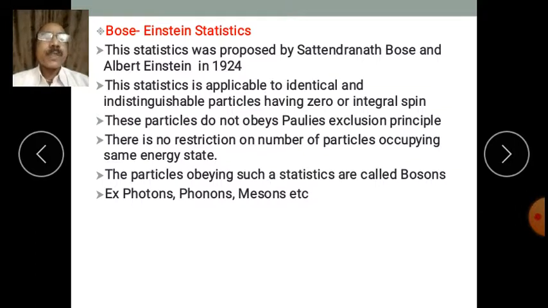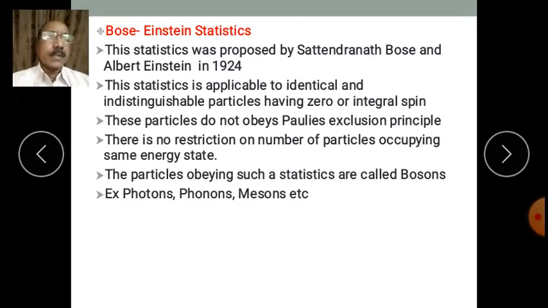Such a situation is one where the particles are identical and indistinguishable, having zero or integral spin. So Bose-Einstein statistics is applicable to identical indistinguishable particles having zero or integral spin. These particles do not obey Pauli's exclusion principle.